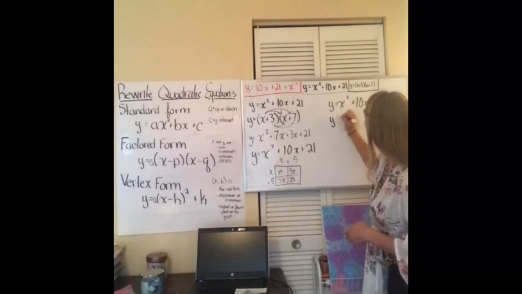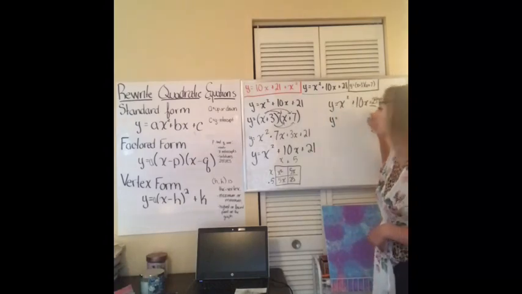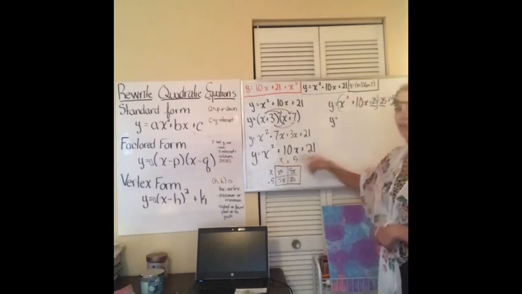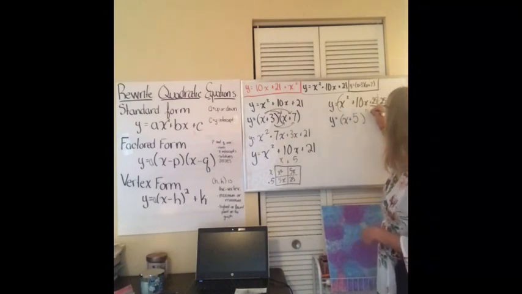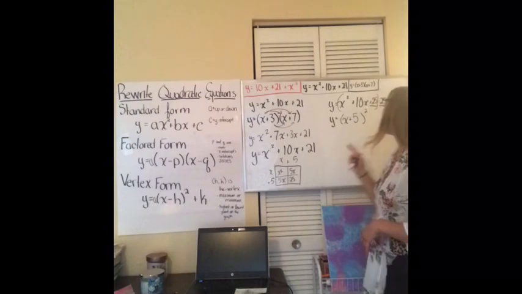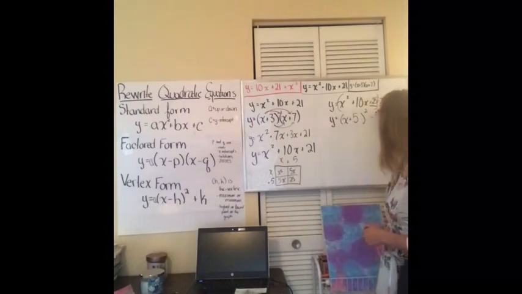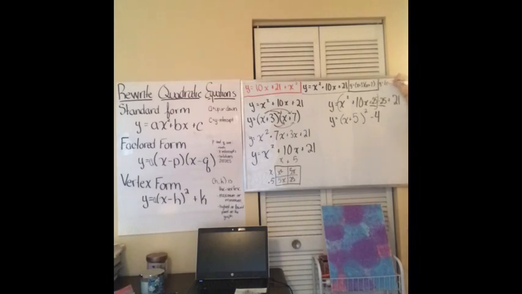So I end up with y equals, this whole thing, this x squared plus 10x plus 25 is all equivalent to x plus 5 squared. And what I have left is negative 25 plus 21, which is negative 4. And this is our vertex form. Y equals x plus 5 squared minus 4.